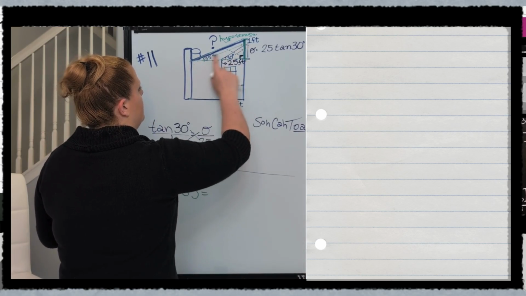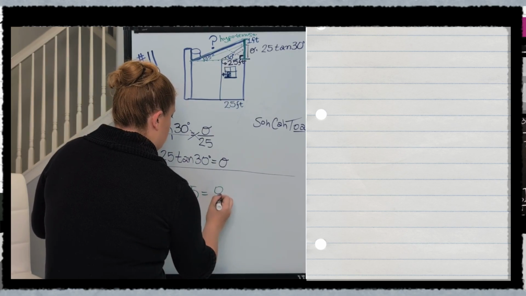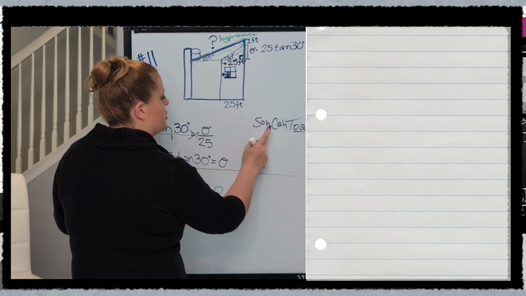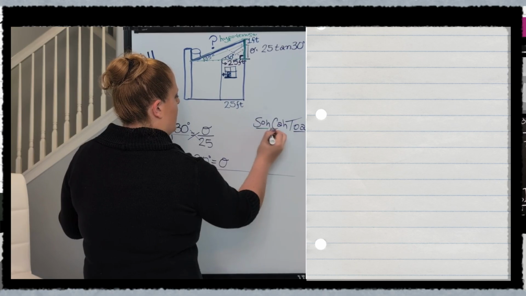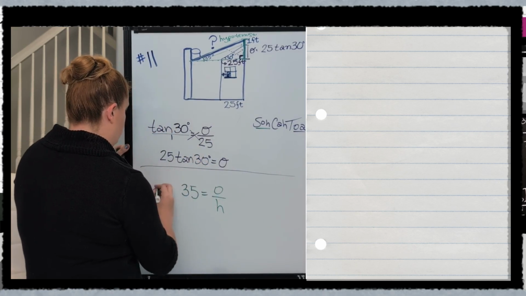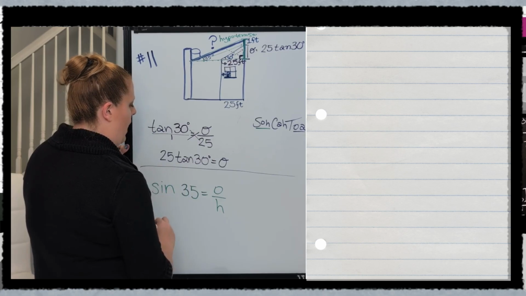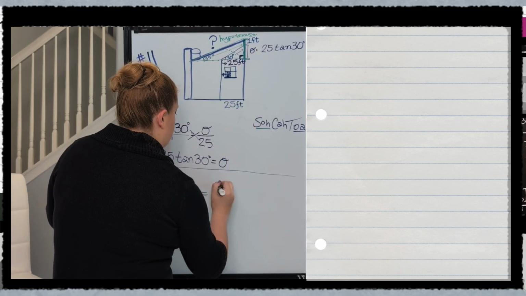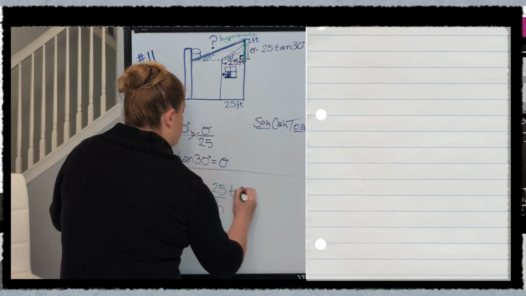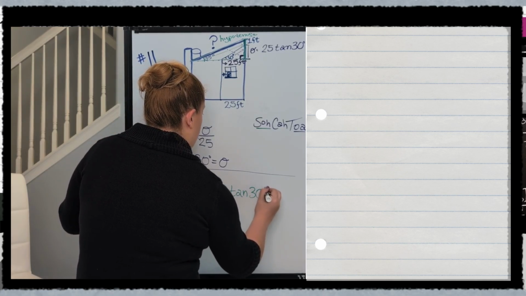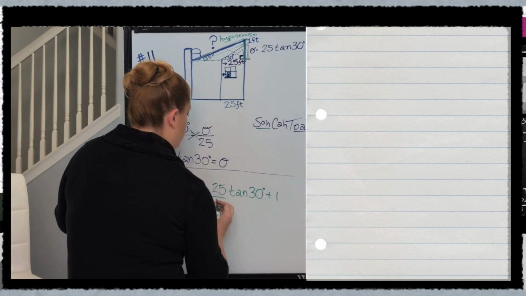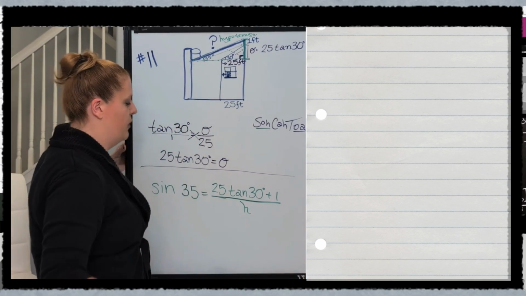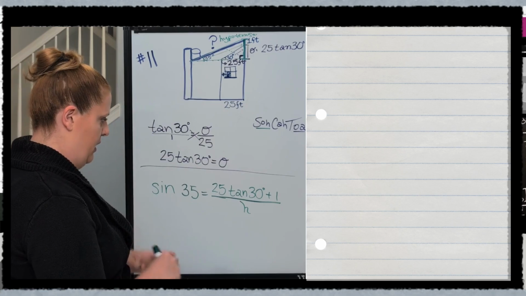Okay, so we have opposite and hypotenuse. Which one's opposite and hypotenuse? The SO in SohCahToa. Sine is opposite over hypotenuse. So our sine of 35 is equal to our opposite, which was that mouthful, right? 25 tangent 30 degrees plus 1 foot, divided by our hypotenuse we're looking for.